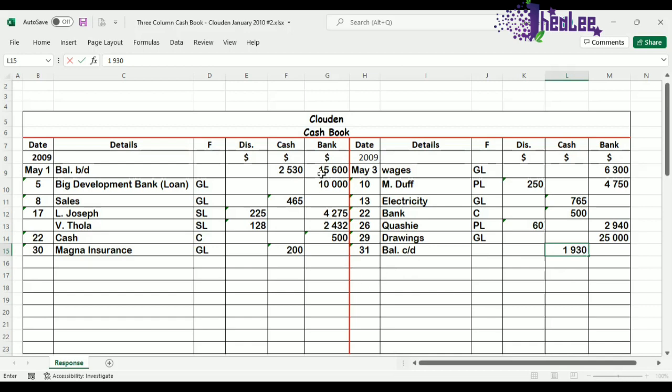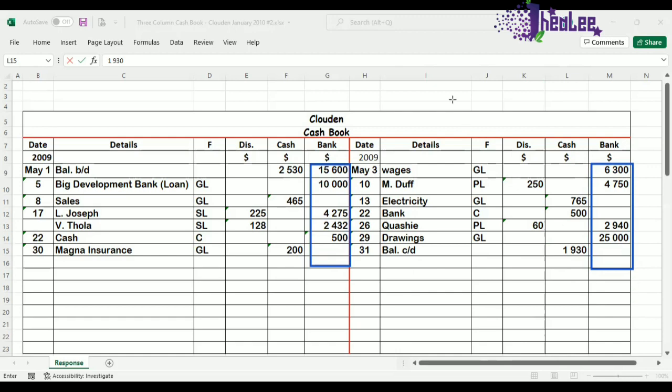For the bank, total the debit and total the credit, and then find the difference between the two. So what you're doing is adding all these values on the debit to find the total on the debit for the bank, and adding all these values on the credit to find the total on the credit side.